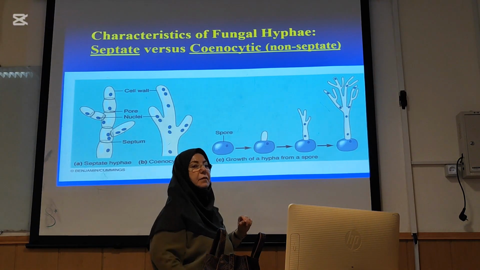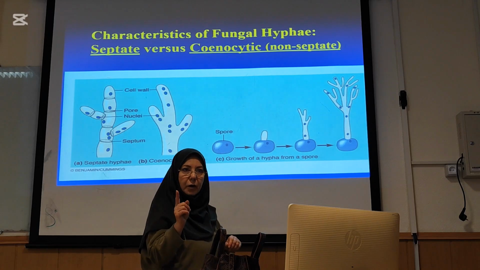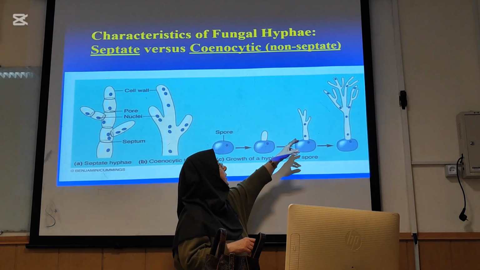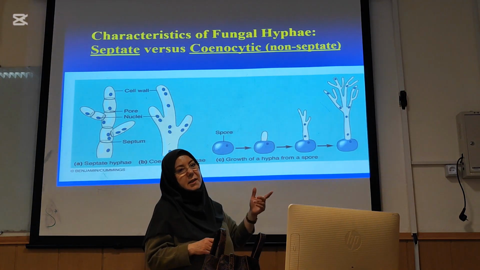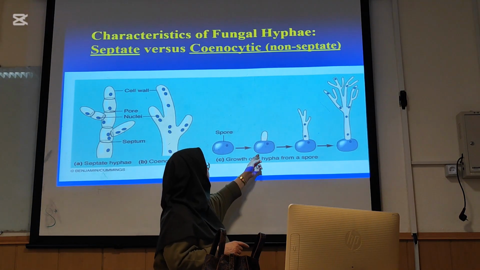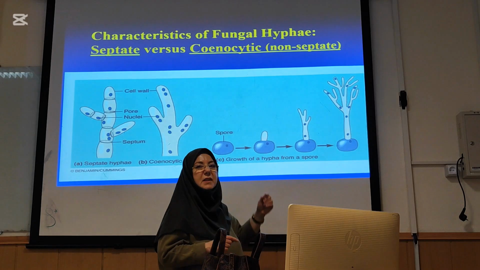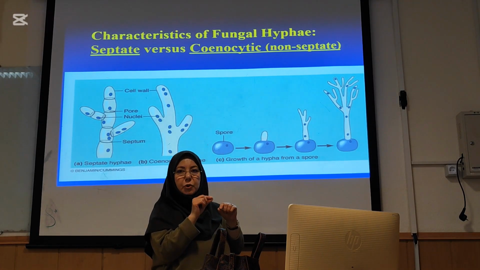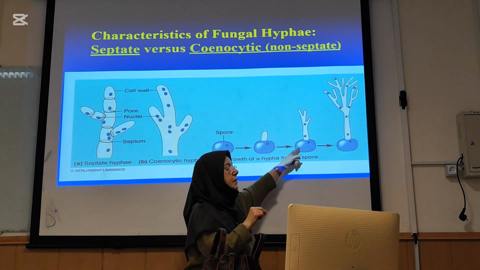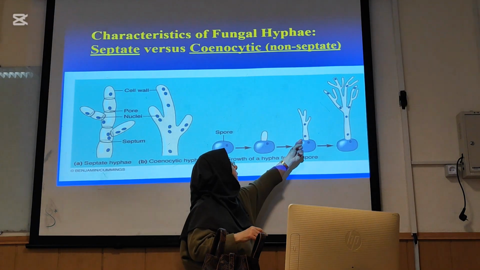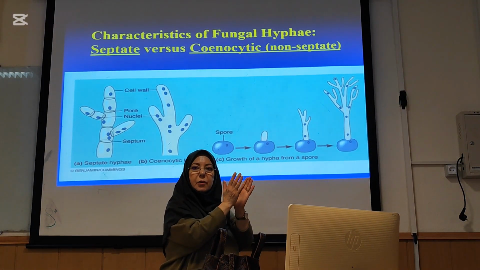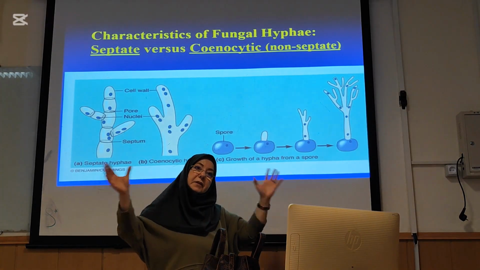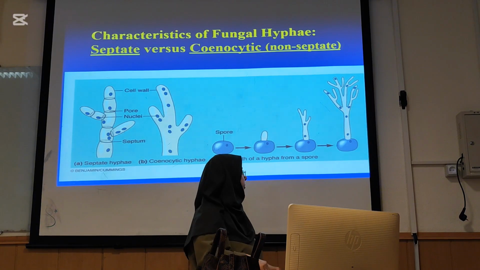The filament means hypha, after branching means hyphae, and after that means mycelium. This first very short filament, we name the germ tube. After that, you can see one filament, after branching you have hyphae, and after very high branching, mycelium.